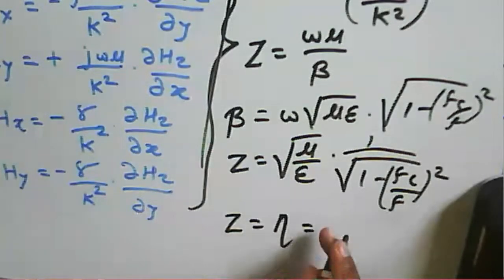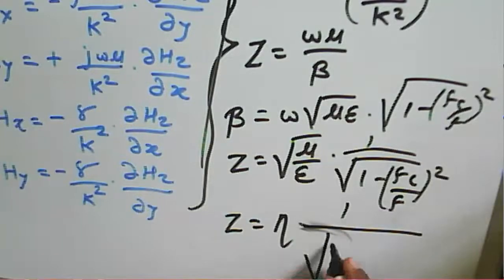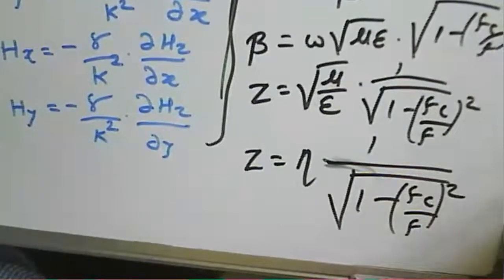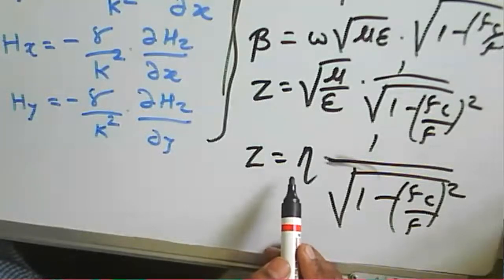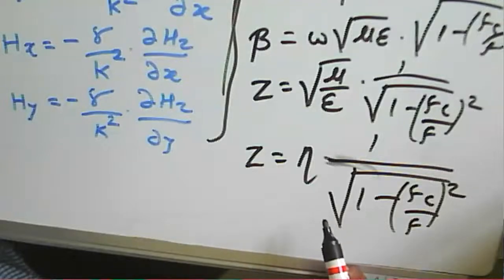Mu by epsilon is equal to eta, and then as it is we have 1 minus fc by f bracket. So this one is our expression, and this is for the TE mode.